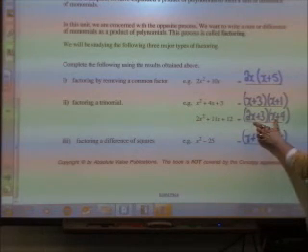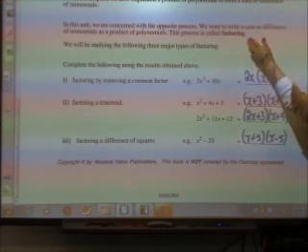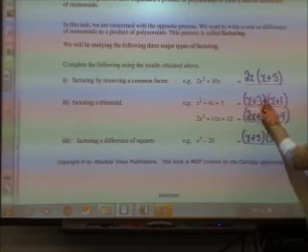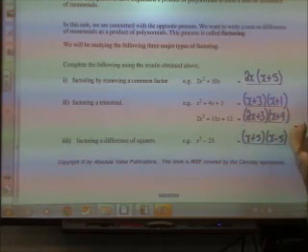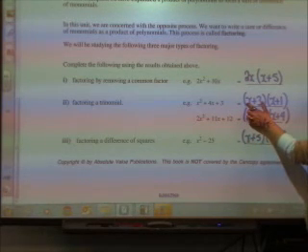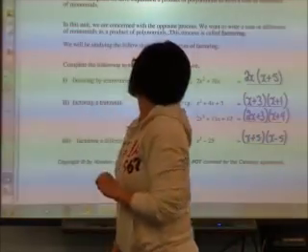So this one here, I could write it as x plus 4 and 2x plus 3. It's the same as saying 5 times 3 is the same as 3 times 5. So the order of the factors doesn't matter, but the way that the terms are arranged inside the factor does. So it does matter that I have this written as x plus 3 and not 3 plus x.